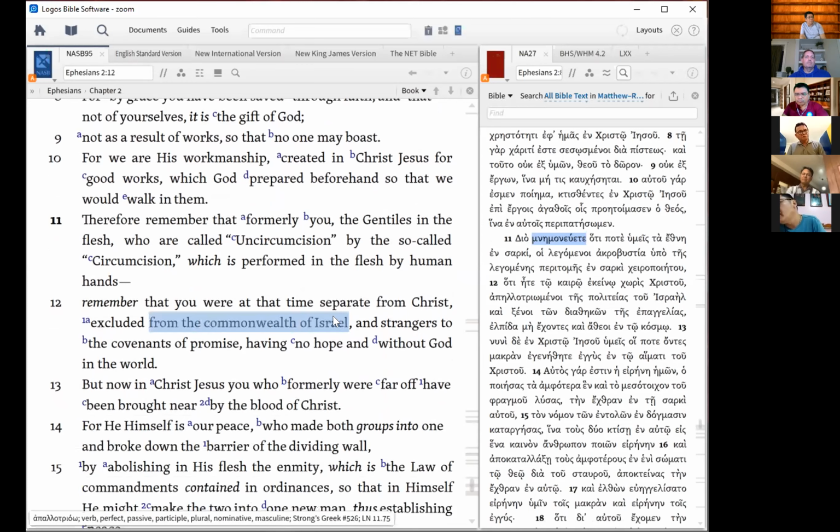You were excluded from Israel. You were strangers to the covenant. The covenants were not given to Gentiles. They were given to Israel. Every covenant, right? The Abrahamic, the Davidic, even the new covenant was given to Israel. You go back and look at the covenants. It was directed to the Jews.